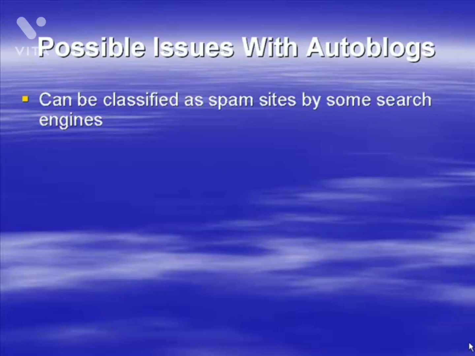Their businesses were destroyed because they were just focused on creating these mass generated sites, using scraped content, and their businesses were ruined. So whilst auto blogs are good, take steps to make sure they don't get classified as spam sites, and also create other sites as well so that it's not your only stream of income. It's never a good idea in business to have all your eggs in one basket.